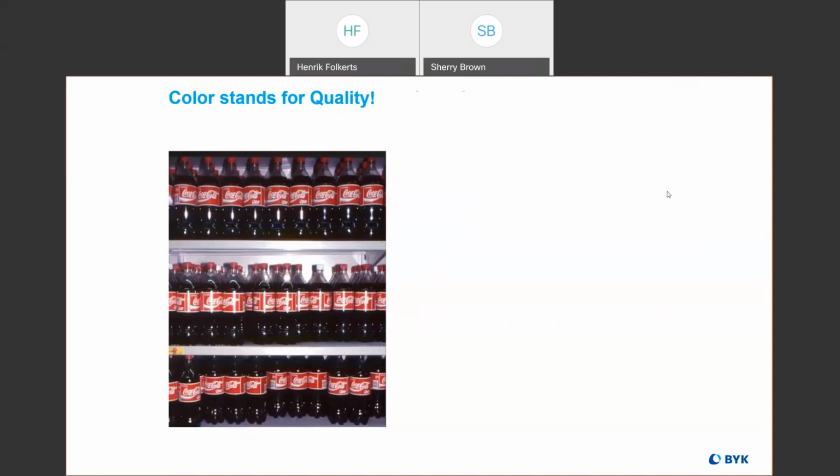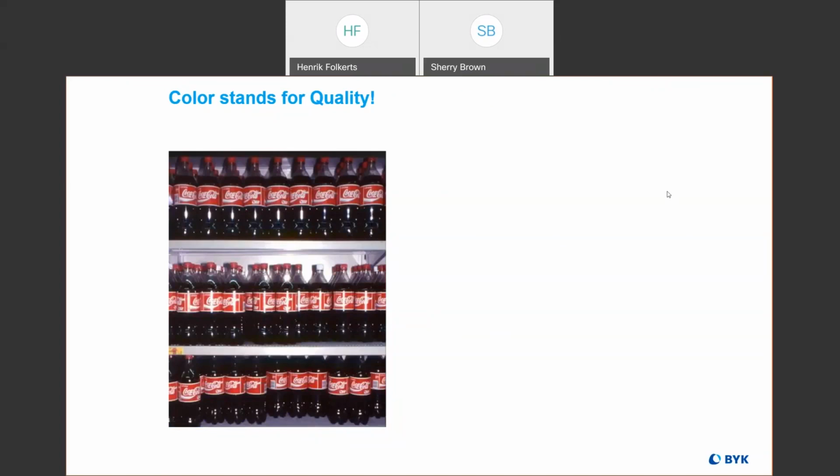One good reason to control for your color is that color stands for quality. Here we see all these Coca-Cola bottles sitting on shelves, and this was actually part of an experiment where they took some white-capped bottles. You can see one front and center in that middle row, and a few others.